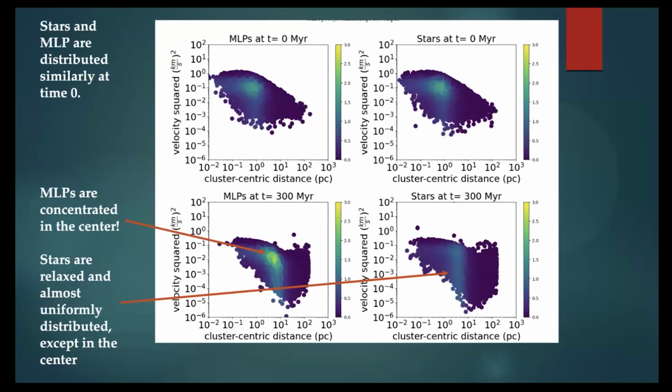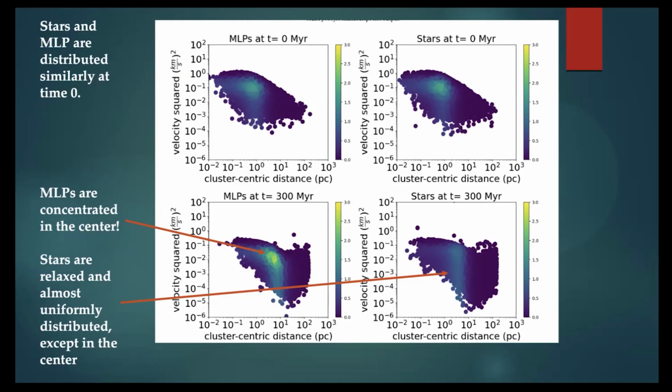Here we plot the cluster-centric distance against the velocity squared of the planets and the stars. The stars are in the right column, and the planets are in the left column. As you can see, there is the start of the simulation at 0 mega year and then 300 mega year.